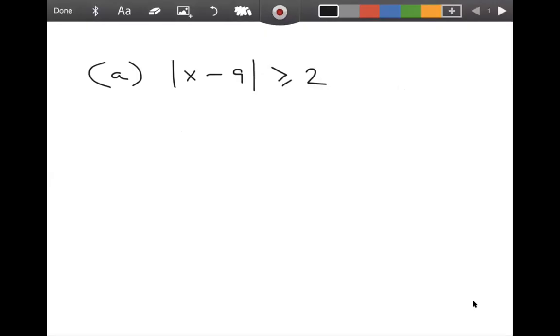All right, here we go. Absolute value of X minus 9 is greater than or equal to 2. So there are a few things to check. First, check that your absolute value is isolated, like we talked about in the last section.